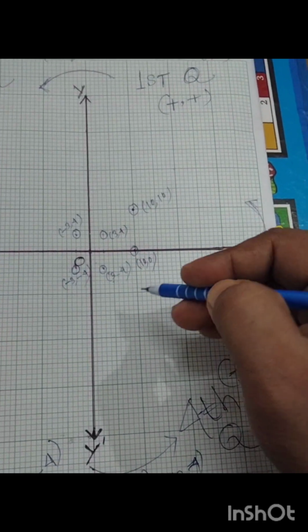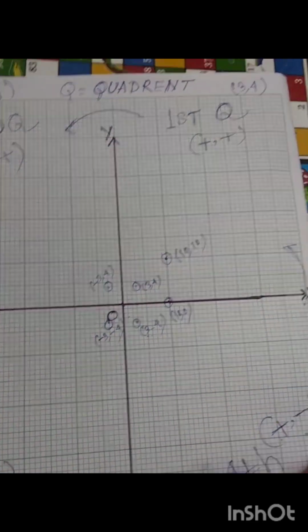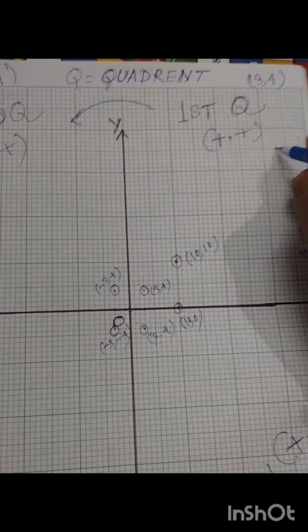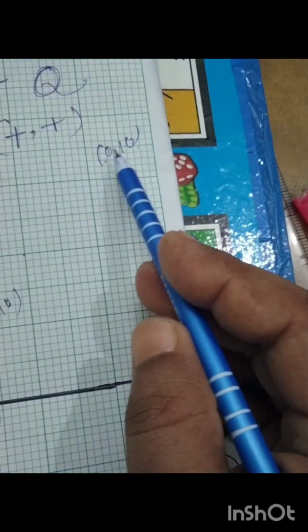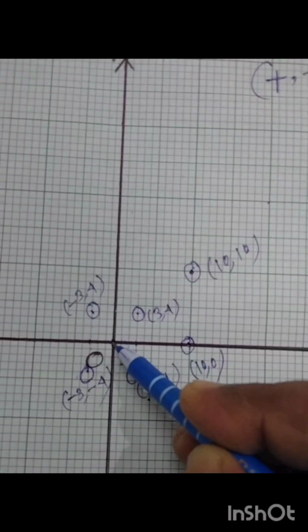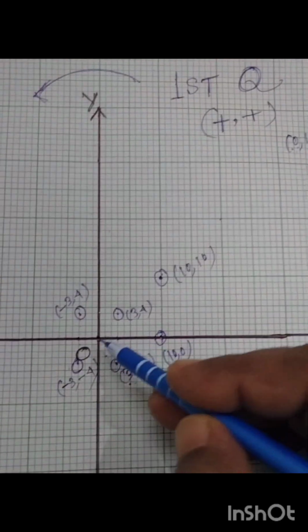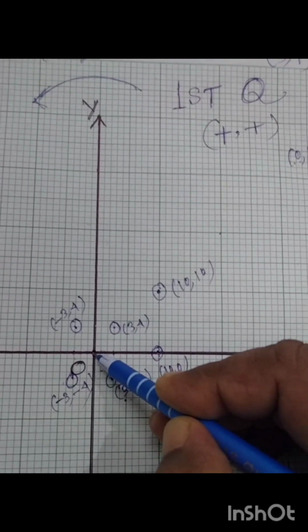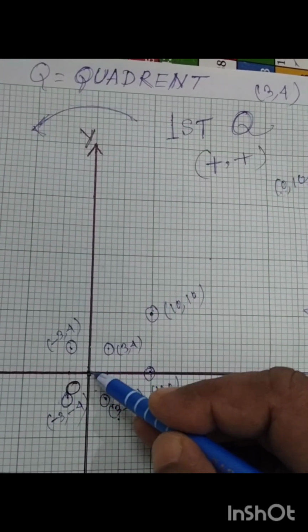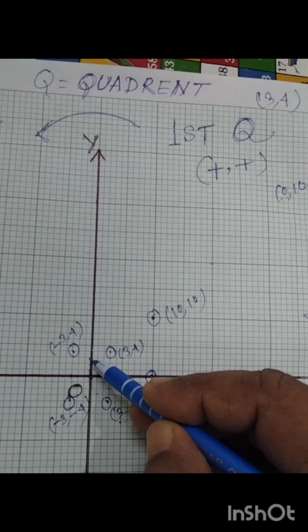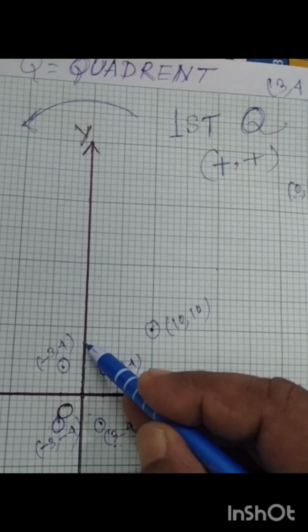And if we have to put the reverse, suppose (0, 10), how can you put it? As the number of x is 0, we can't move sideways. The number of y is 10, meaning plus 10, so we have to move upwards, taking 10 small squares: 1, 2, 3, 4, 5, 6, 7, 8, 9, 10.